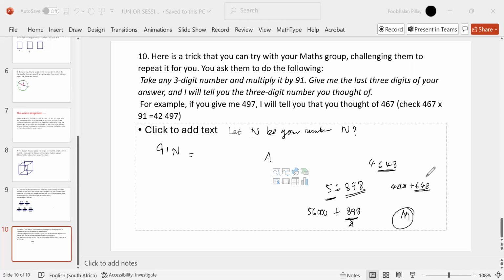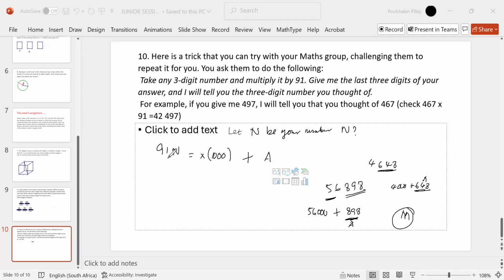So your number is equal to some multiple of 1,000, you see. We don't know what it is, but it's some multiple of 1,000. Say X times 1,000 plus A. That's what you have given. I'm going to use A to calculate N, right?